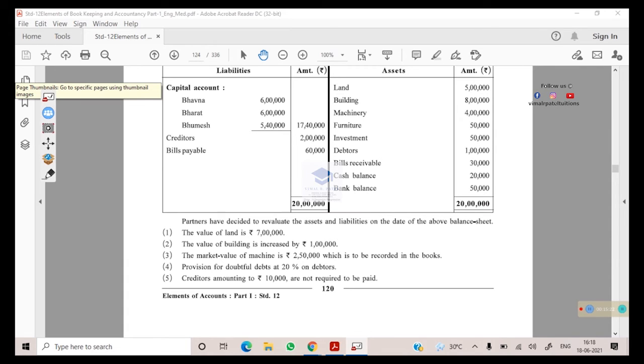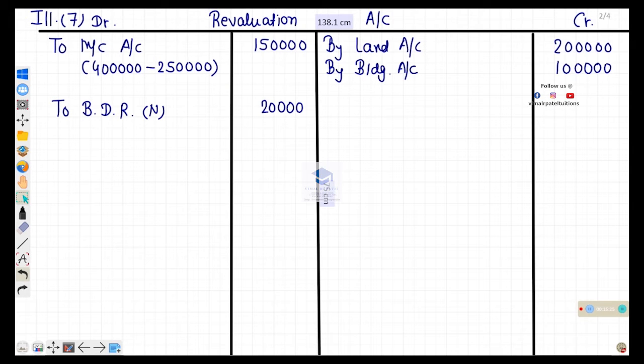Creditors amounting to 10,000 are not required to be paid. So you don't have to pay 10,000 out of creditors. So that is your gain, your profit. Like creditors.